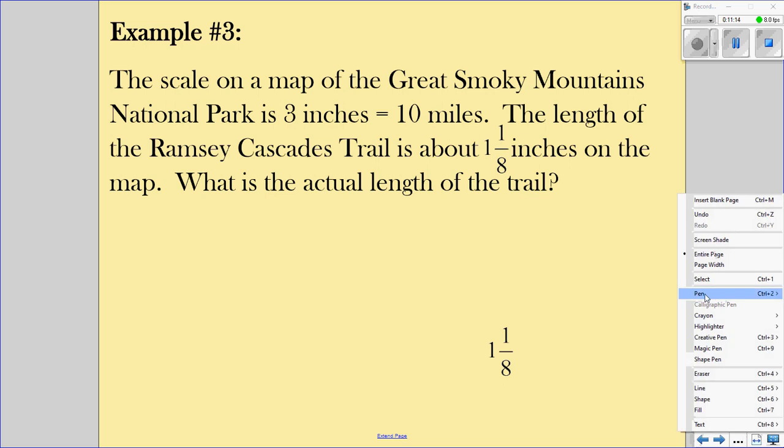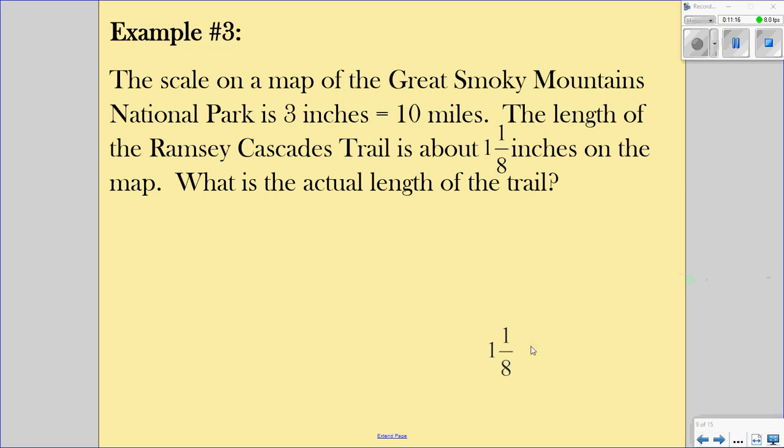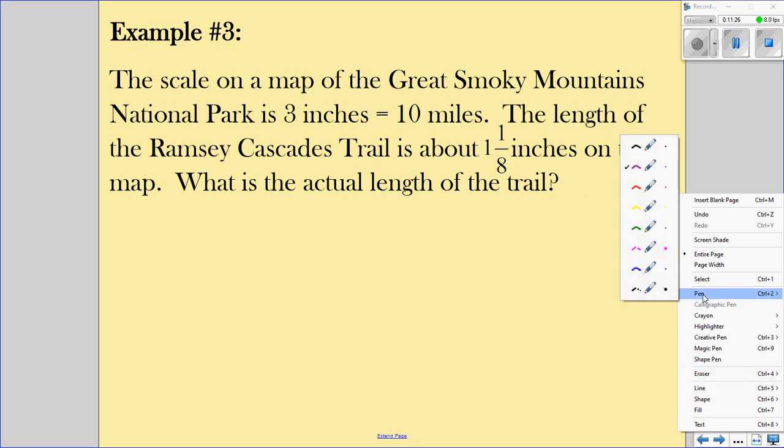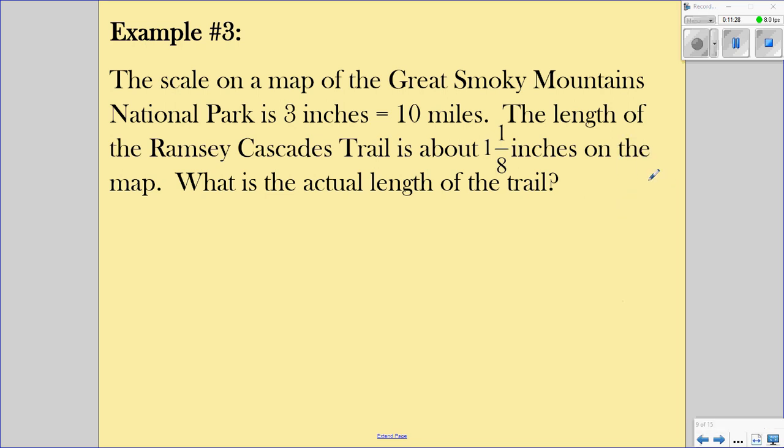I don't know where that 1 1/8 is floating there, so get rid of that. So it says the scale on a map of the Great Smoky Mountains National Park is 3 inches equal 10 miles. The length of the Ramsey Cascade Trail is about 1 1/8 inches on the map. What is the actual length of the trail?